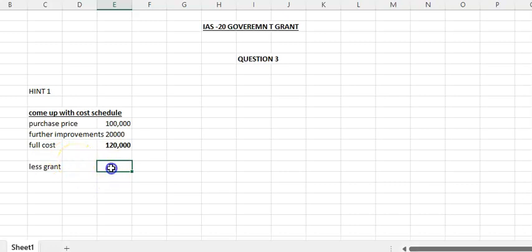So now we deduct the grant of 20,000, and we get 100,000. This is the net cost.